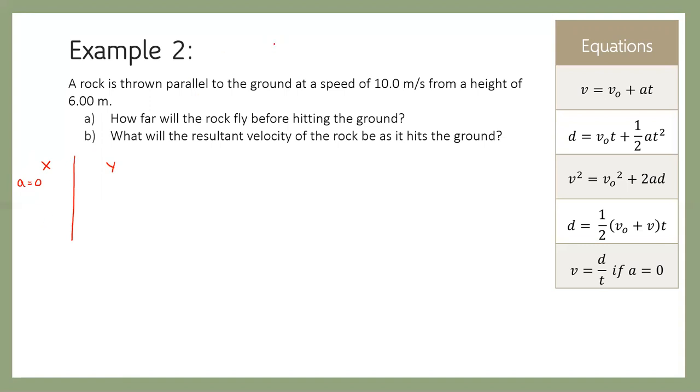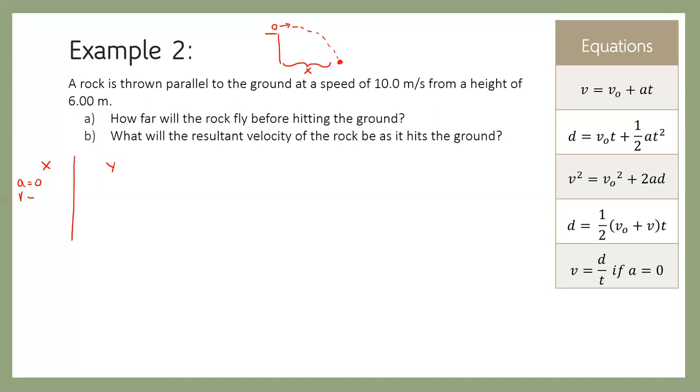So here's our picture. We've got the top of our cliff, let's say, and we're going to throw a rock in this direction, and it's going to come out and land down here somewhere. And we want to know what's this distance. Okay? So acceleration horizontally is always going to be 0.